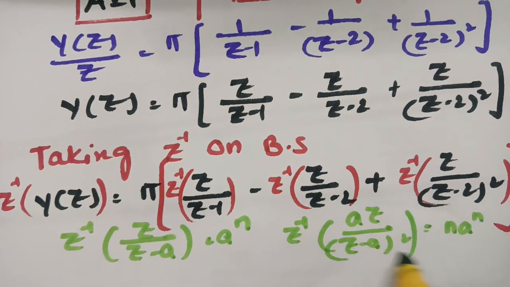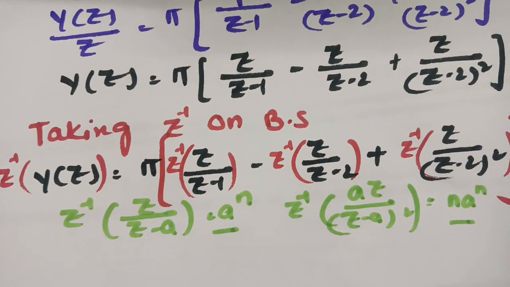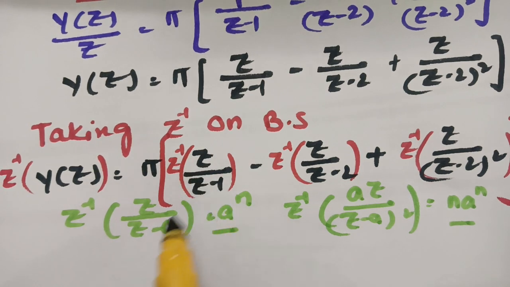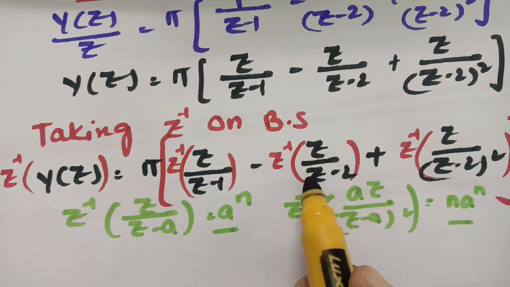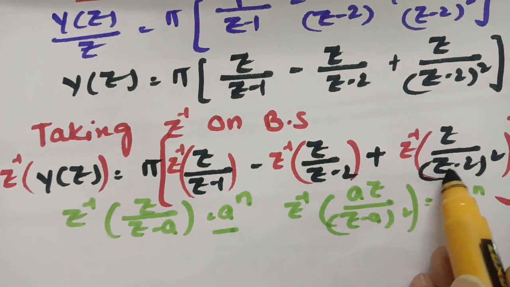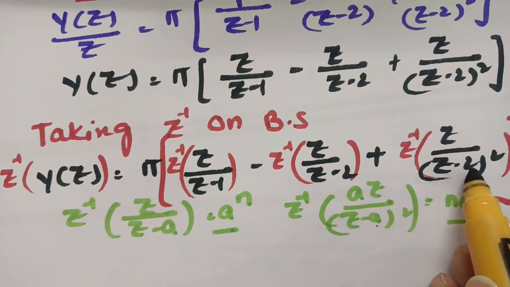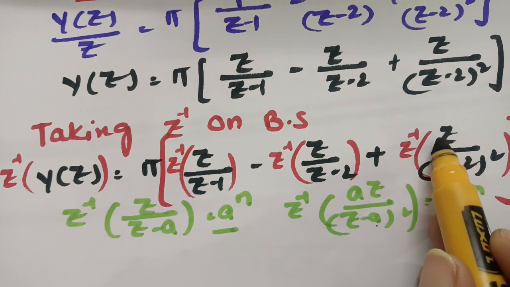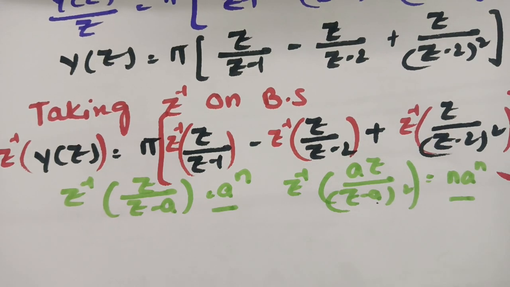So I am applying these two formulae. In the next step, for z by z minus a, in place of a we have 1, and for z by z minus a, in place of a we have 2. And here, for a we have 2 and there is no 2 in the numerator, so I am multiplying and dividing with 2.